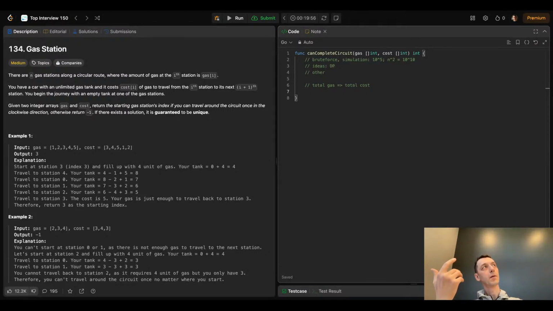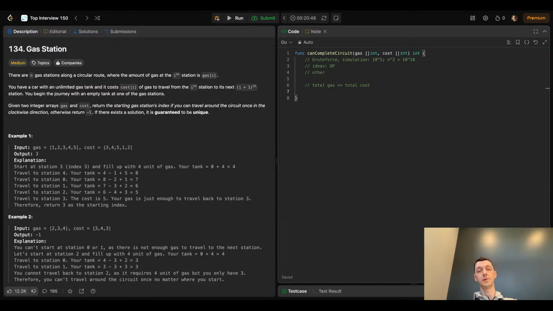Is there still a risk of what? No. If the total is positive, then there should be some stations, some segments where you could get enough positive extra gas so you can handle the following ones.